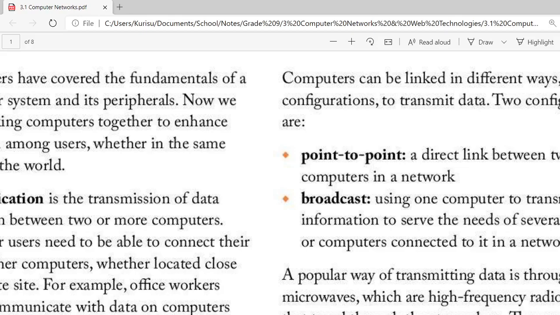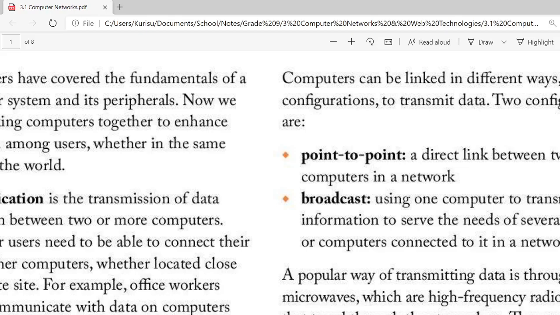Now, the opposite to that configuration would be a broadcast. In this broadcast, you would have multiple devices. It's not only two now. So with this in mind, when it comes to a network, remember a network is being used to share information, to share data.